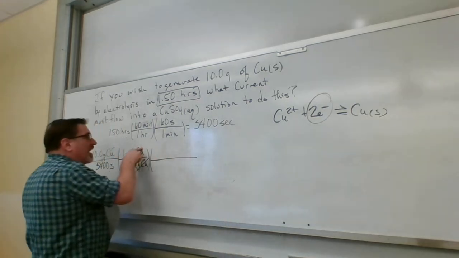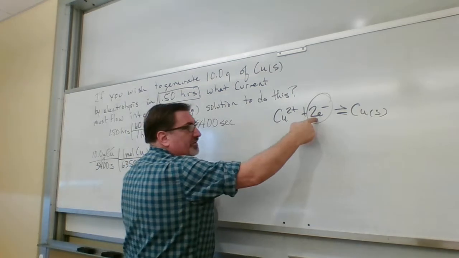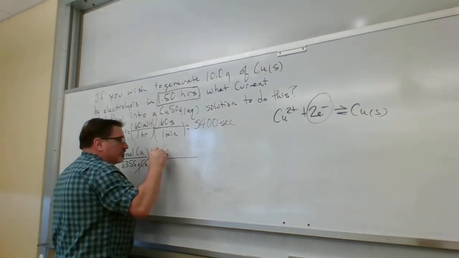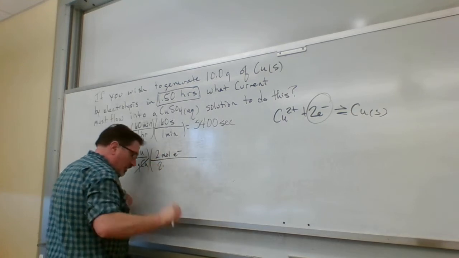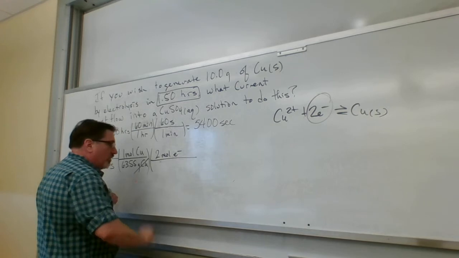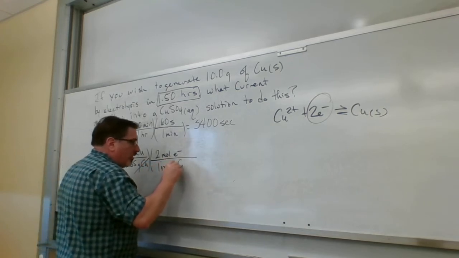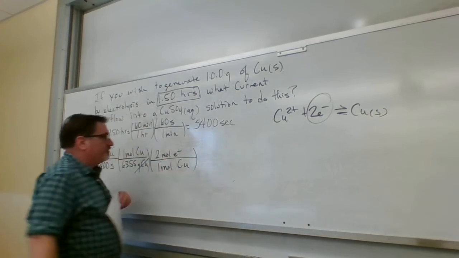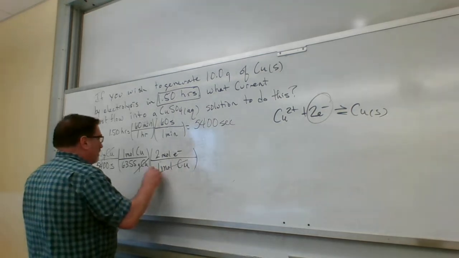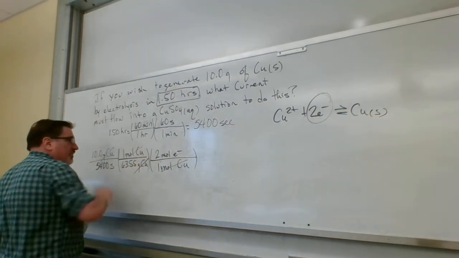Once we know how many moles of copper there are, we know that there's 2 moles of electrons per mole of copper. Two moles of electrons for every 1 mole of copper. Now we know how many moles of electrons. So now it's moles of electrons per second.